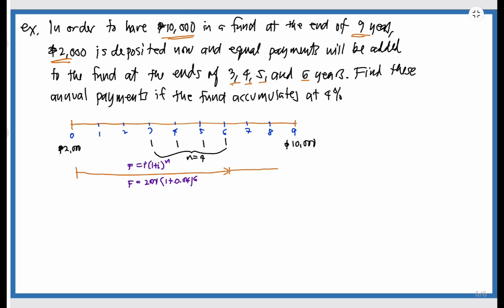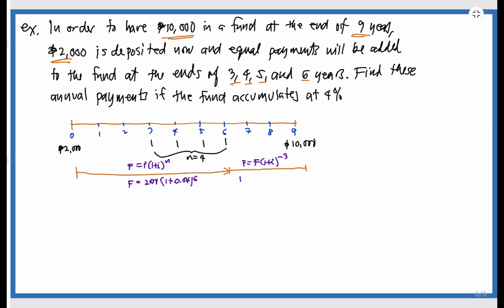What about 10,000? 10,000 will be discounted, right? So this will be P. P equals F times (1 plus i) to the negative, how many years? 1, 2, 3 years. So negative 3, right?